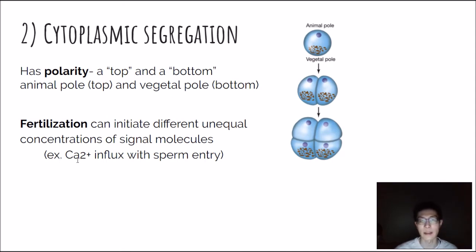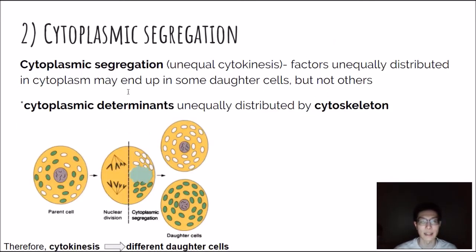For instance, calcium can have high influx rates upon sperm entry. You can see there's variation in the types of molecules found in certain regions of the cells, which, through cytoplasmic segregation, can lead to unequal distribution of various factors, which comes back to this point over here.